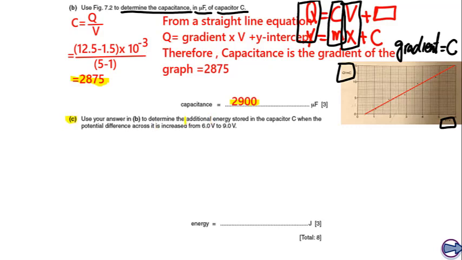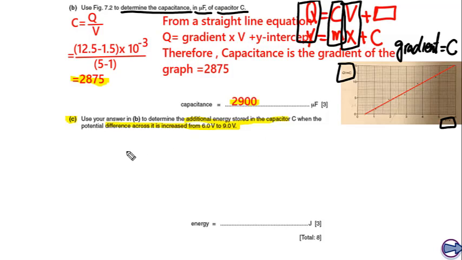For part C, we need to determine the additional energy stored in the capacitor when the potential difference is increased from 6 volts to 9 volts. So now we need to understand how to calculate energy stored in a capacitor.